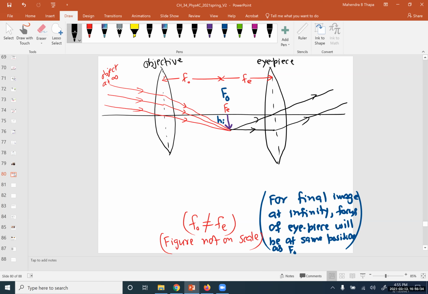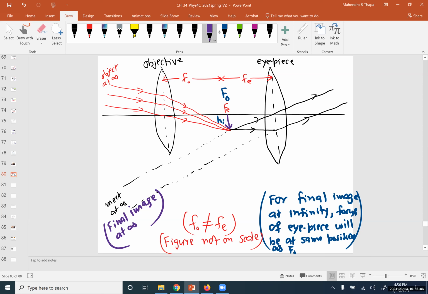So you see that they are not going to meet anywhere. So the final image will be at infinity. We assume that two parallel rays meet at infinity. So the final image is at infinity.